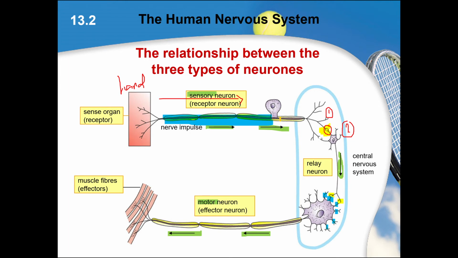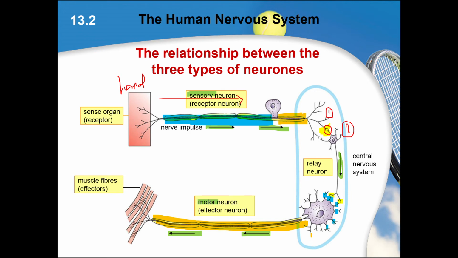Axons, if you recall, are the part of the neuron that transmits nerve impulses away from the cell body. The part that I've highlighted in orange is the axon of the sensory neuron. But if you look at the motor neuron, the axon is super long, right? Because every part that is after the cell body is the axon. So you can see that these are the distinct differences between the motor neuron and the sensory neuron.